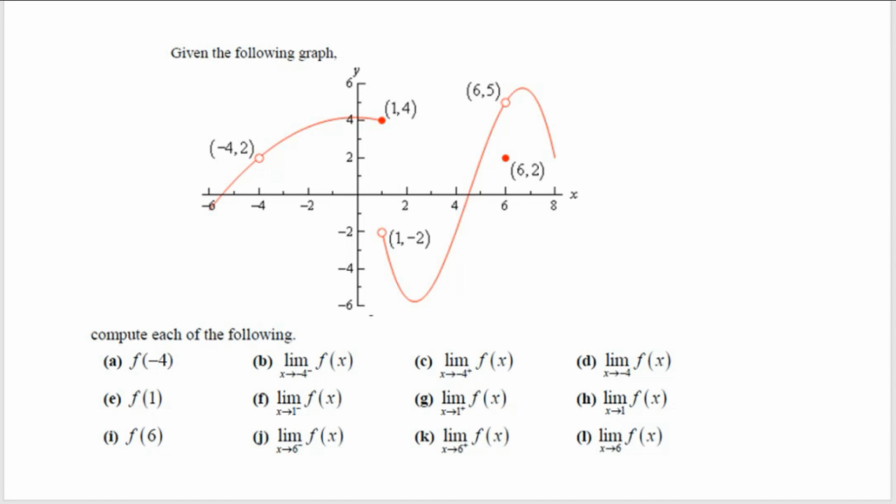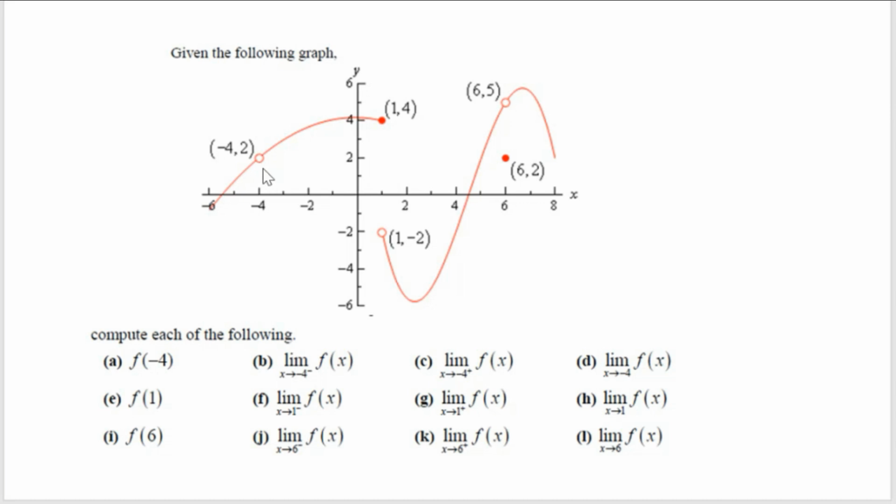In that case, class, for f of negative 4, look at the graph. Where is our f of negative 4? This is now our f of negative 4. This one does not exist because there is no closed dot for this value. As you can see here, this negative 4, look at this one vertically.